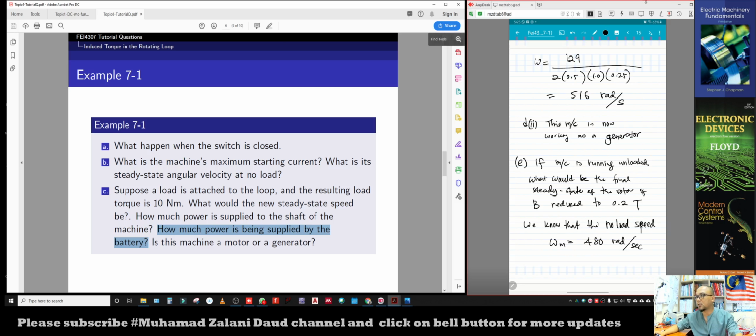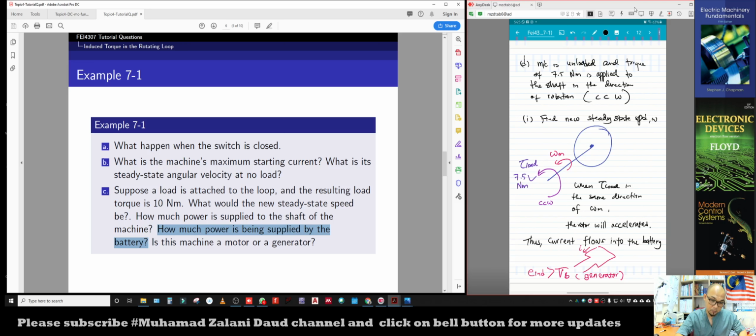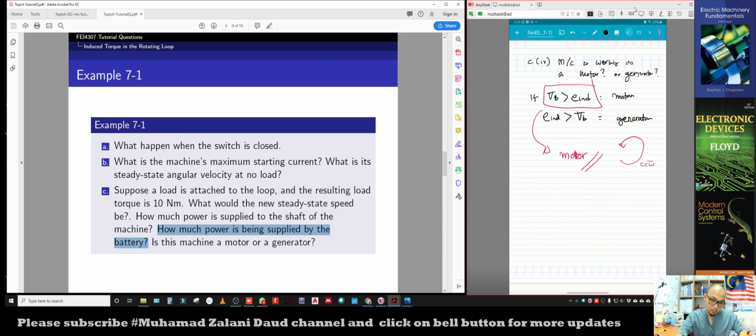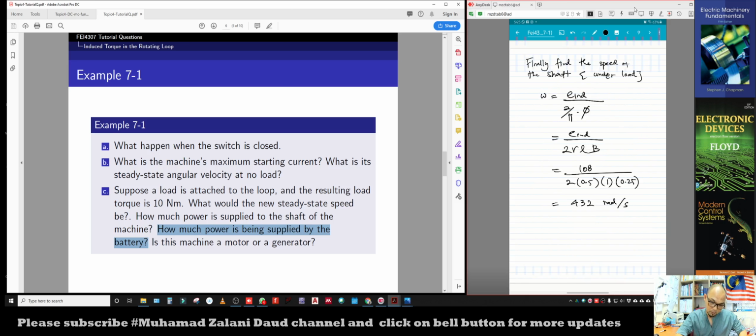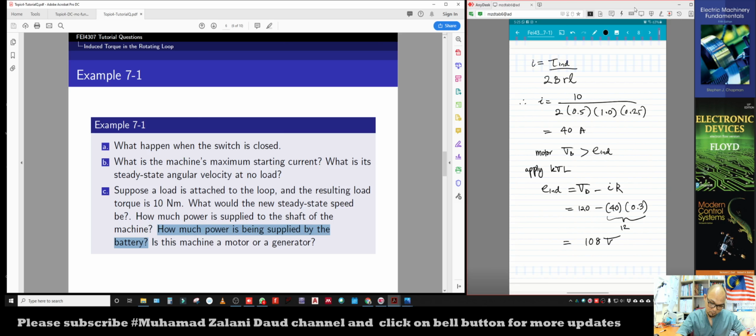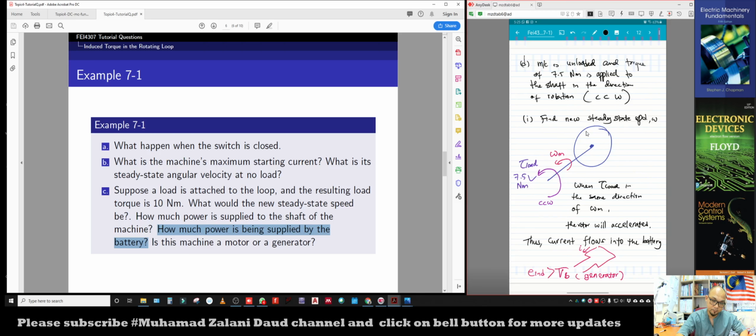That we have determined before. Where is it? Okay, here. The no load speed is 480 radian per second.